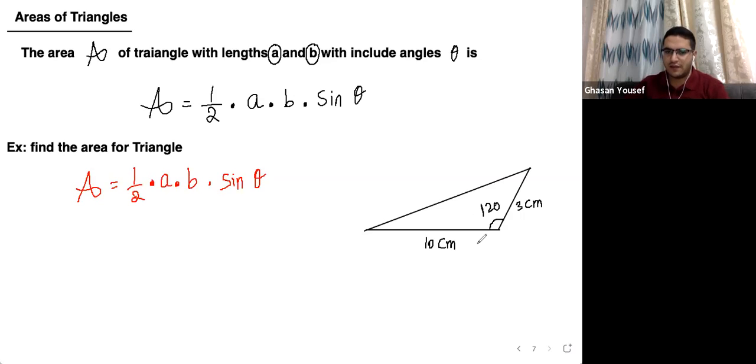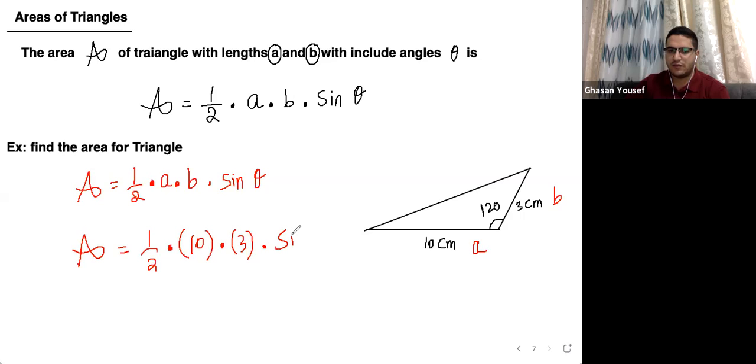Suppose this is my a, suppose this is my b, and just plug into the formula. So script A equals 1/2 times 10 times 3 times the sine of the angle between both of them. The angle is 120.